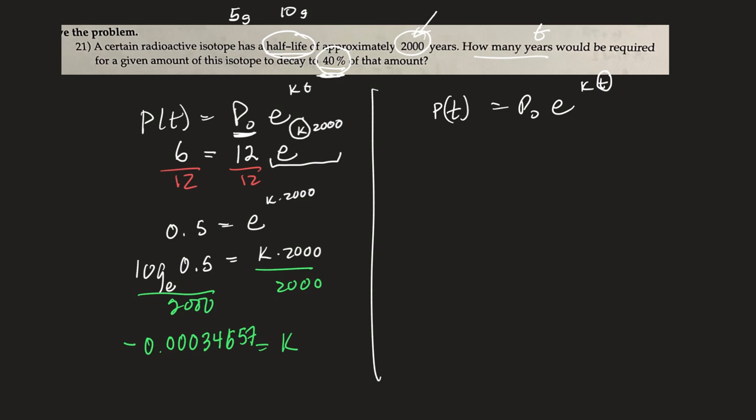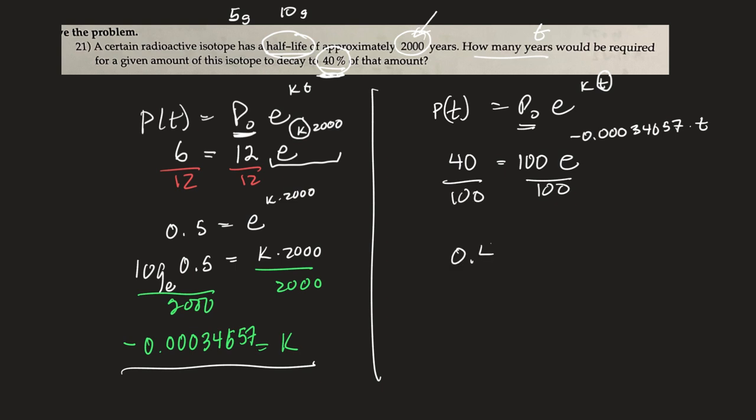So I must start at 100%, and I'm decaying to 40% of that. 40 is equal to 100 e to the k, I just figured k out, negative 0.00034657 times t. And now I'll solve it just like I did the other one. Divide both sides by 100.